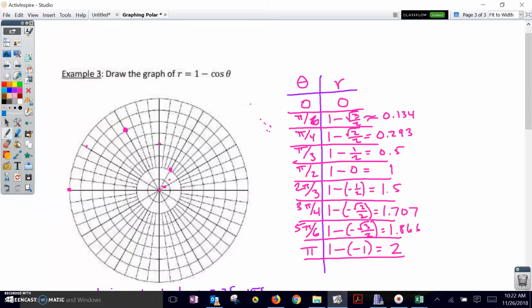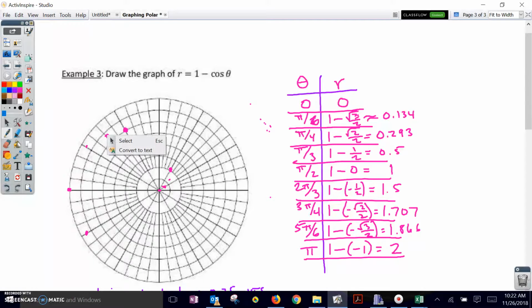And then the cosine values start to repeat, and I can just kind of go backwards through this. It's going to be at 1.866 when we're at 7 pi over 6. It's going to be at 1.707. Did I skip that going through? The 3 pi over 4? I did. I skipped 3 pi over 4 at 1.707.